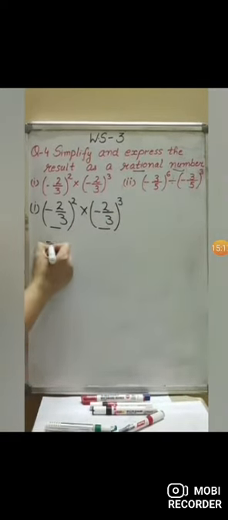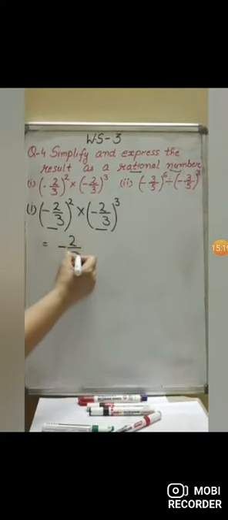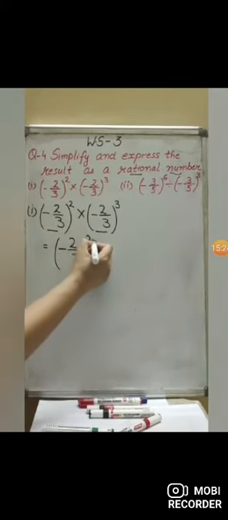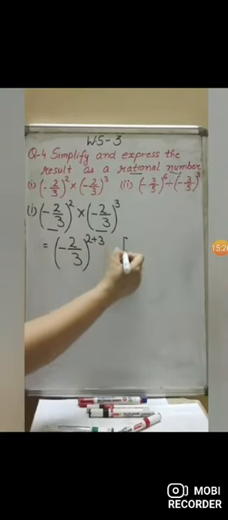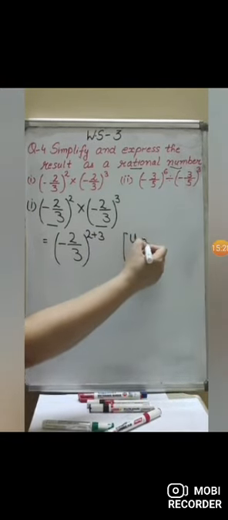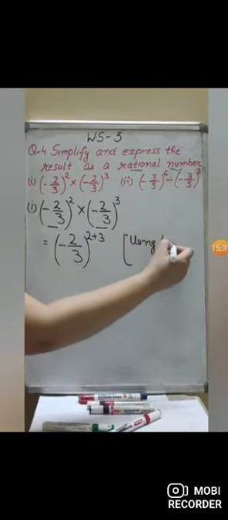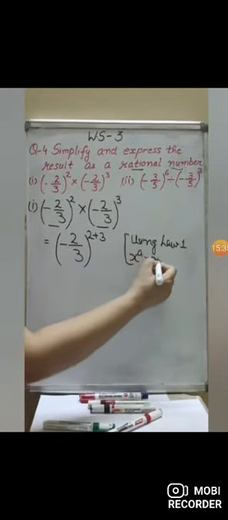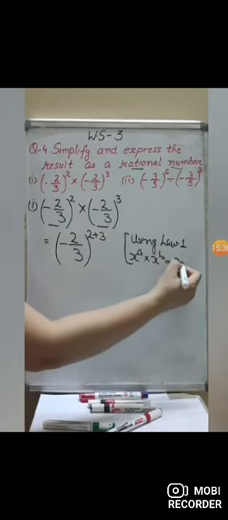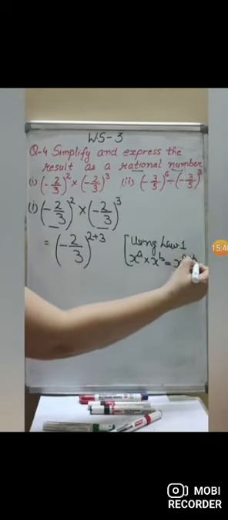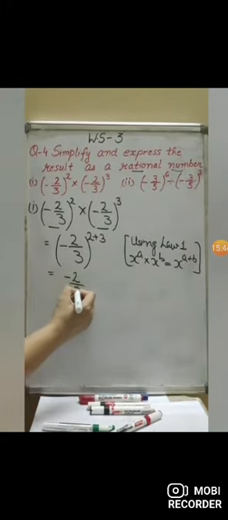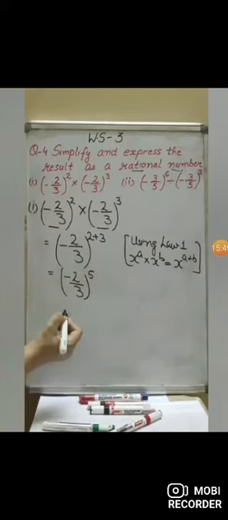So it will become (-2/3) with same base, powers will add, 2 plus 3, using law 1. That is x raised to power a into x raised to power b is equal to x raised to power a plus b. So this is equals to (-2/3) whole raised to power 5.